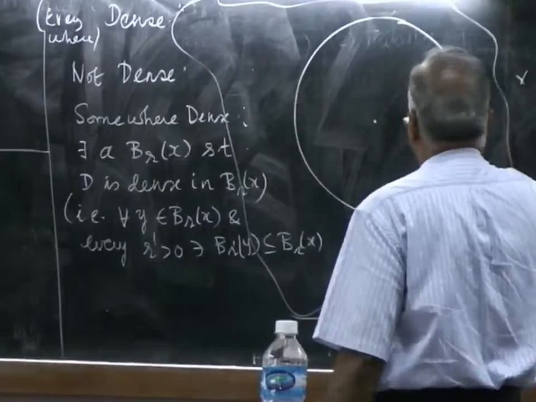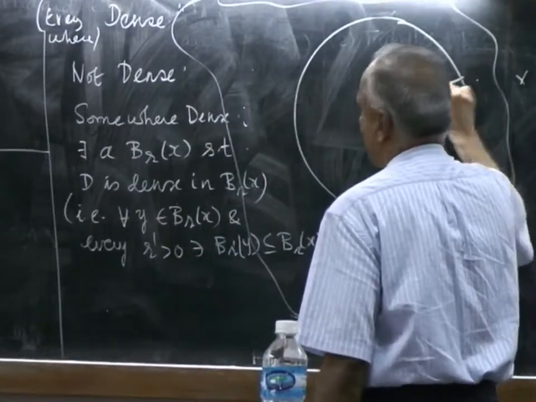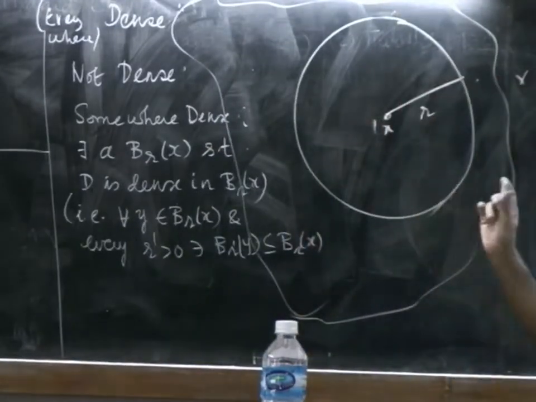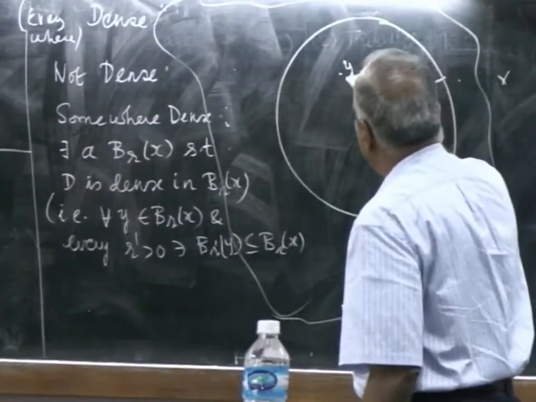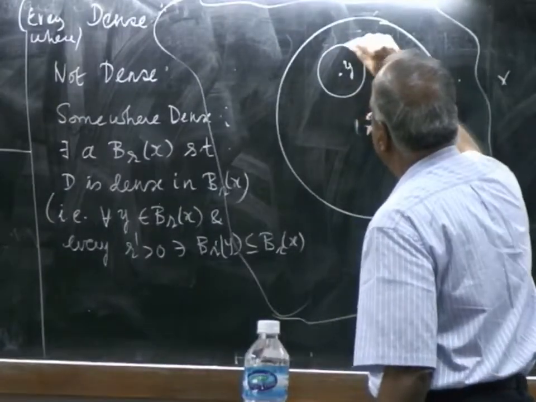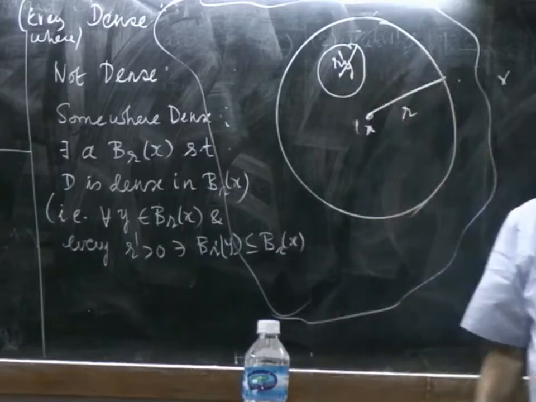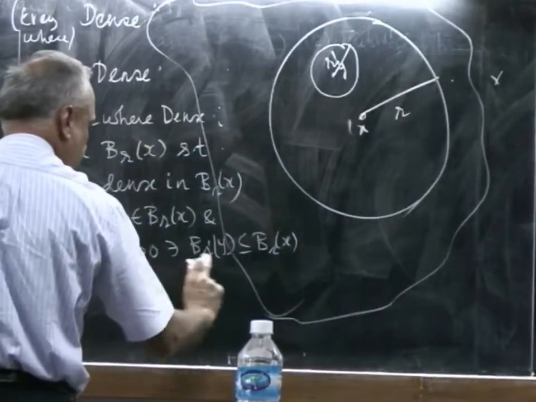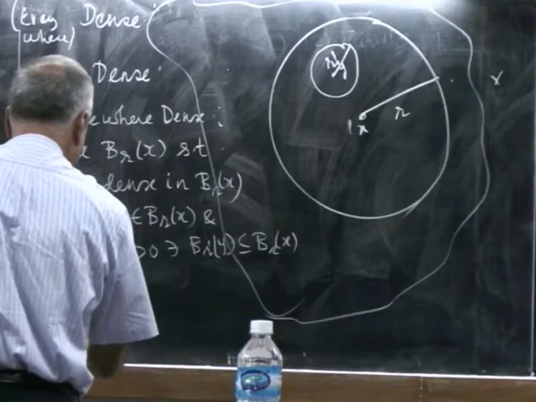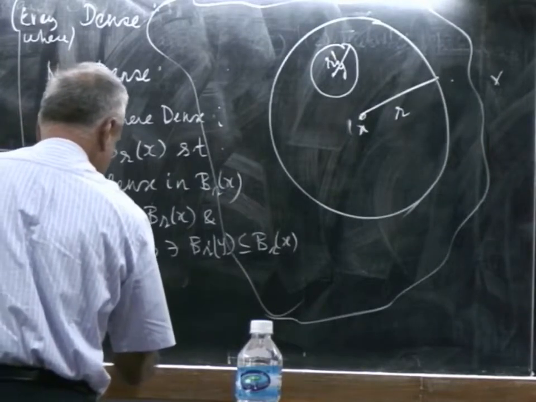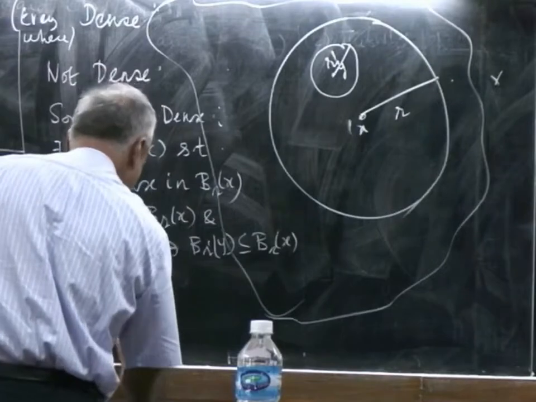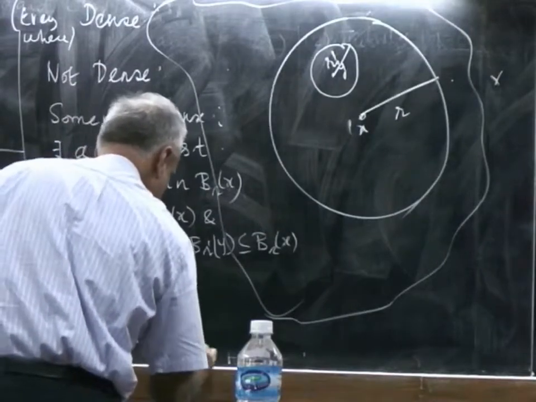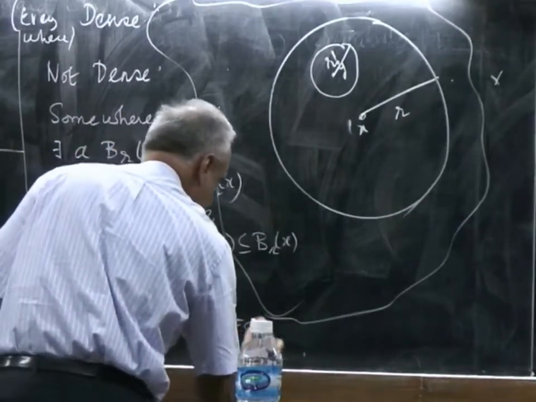Inside that metric space there is a small universe such that you take any point inside and any radius which lies in that universe, then the intersection of B(r prime, y) and D is non-empty.